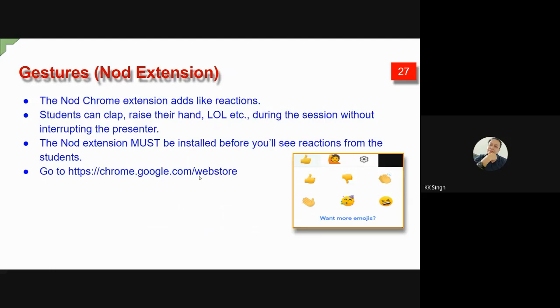Like clap, raise their hand, and other gestures during the session without interrupting the presenter. So you can add this extension also to your Chrome, and this extension will appear in the left top corner of your Meet screen. So again, this will be available on the web store.